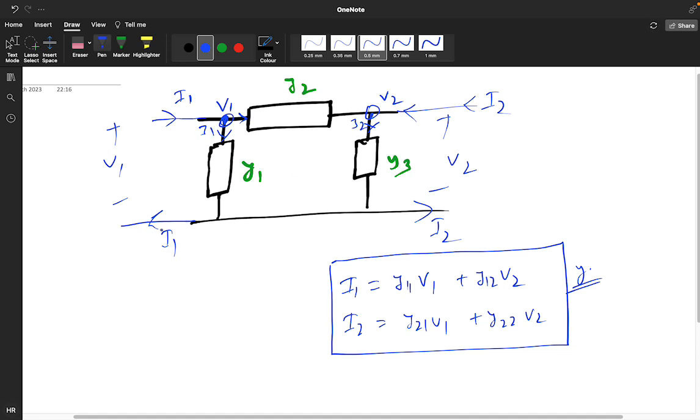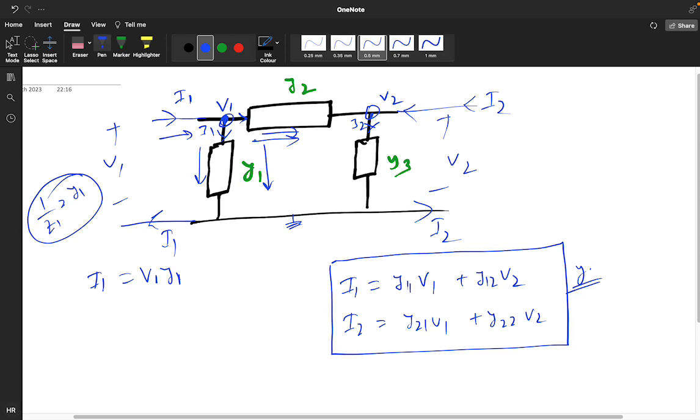If you apply nodal analysis, what do you get? I1 current is coming, and these two currents are leaving. So I1 should be equal to, taking this as ground, V1 upon Z1. That means V1 into Y1, because 1 by Z1 is equal to Y1. So we got this branch current.